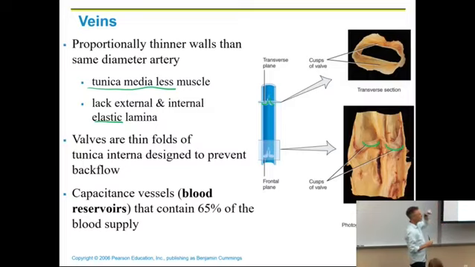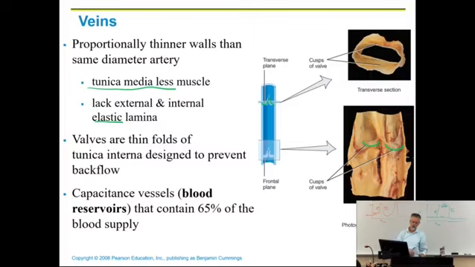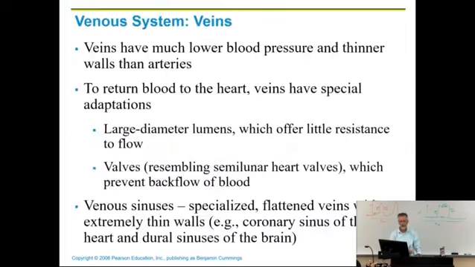If you squeeze the walls of a vein, it also helps to escort it back to the heart. But a lot of our blood ends up residing within our veins. So they're called blood reservoirs instead, right? So you can see like 60% in our veins and venules, only about 15% in arteries and arterioles, and then various other places around the body.